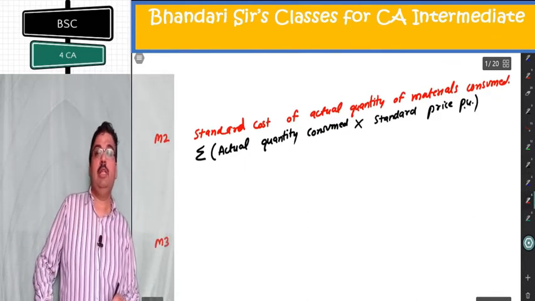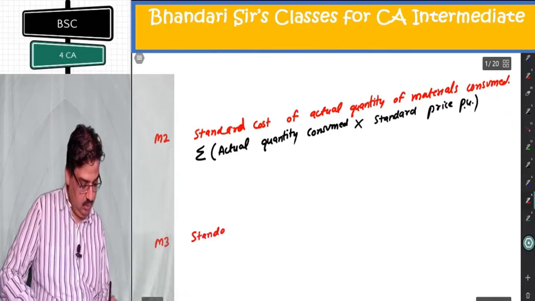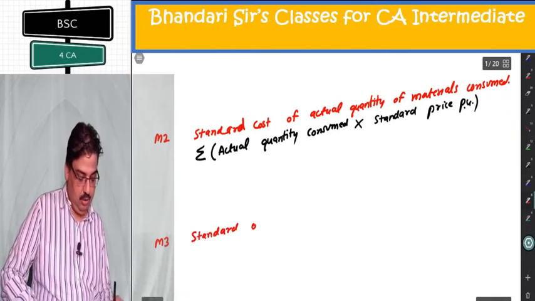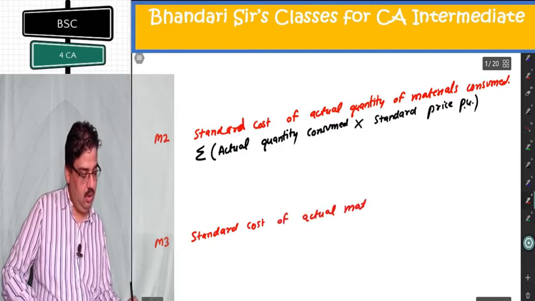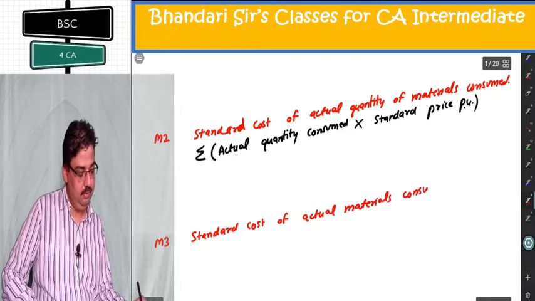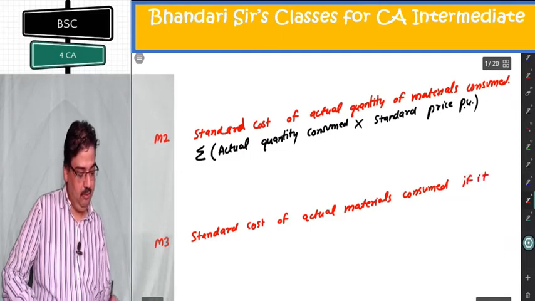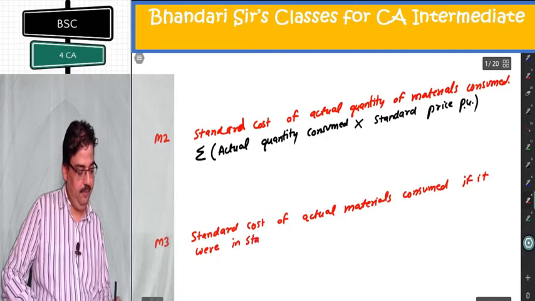M3, mix related step. Standard cost of actual materials consumed if it were in standard proportion.